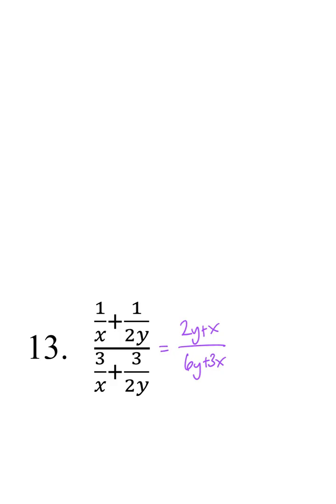And this one does factor. The denominator factors. Now think about it. If I took out a 3, I'd be left with 2y plus x, which is going to cancel. This just becomes 1/3.